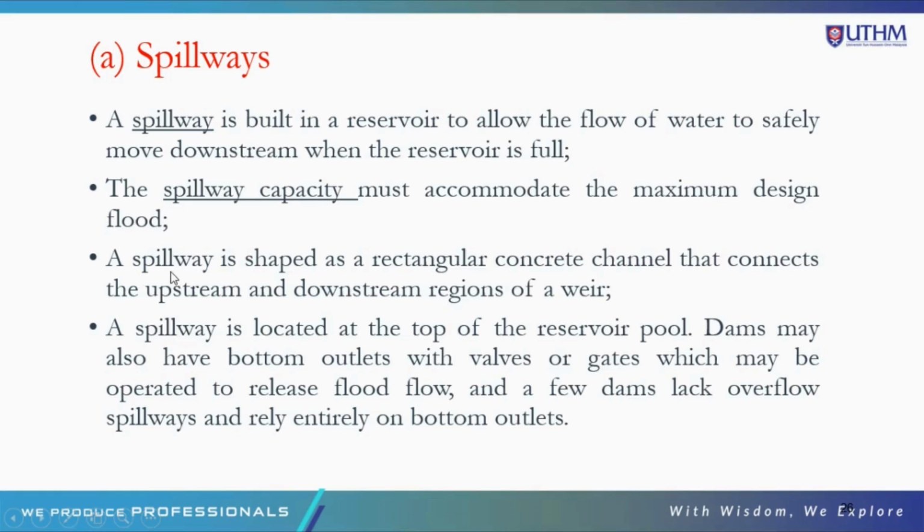Some spillways are shaped as rectangular concrete, a design that connects the upstream and downstream regions of the weir. The spillway is located at the top of the reservoir, with a bottom outlet with a valve or gate which may be operated to release flood flow.